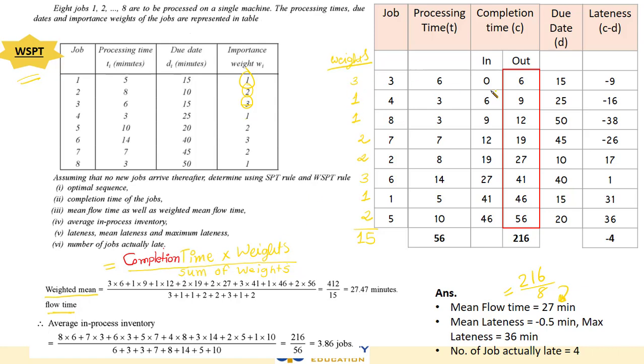It means 3 into 6, 1 into 9, 1 into 12, 2 into 19, 2 into 17, respectively 2 into 56, right? Divide by the sum of weights, which is 15. By this we can find the weighted mean flow time. Answers are given for all the other items, so you can calculate by yourself and verify over here.